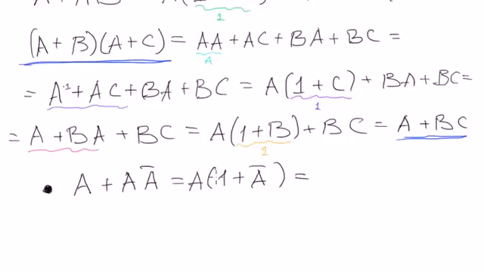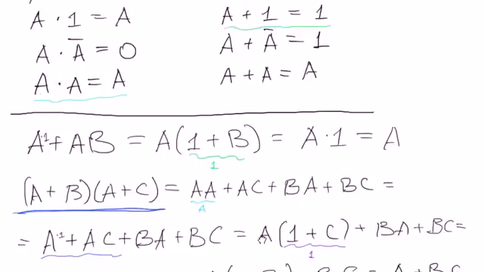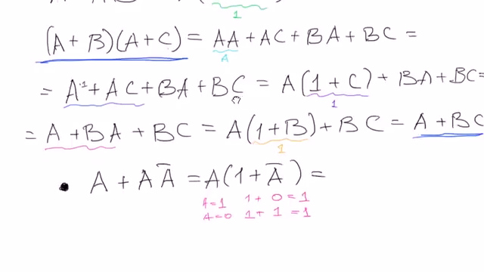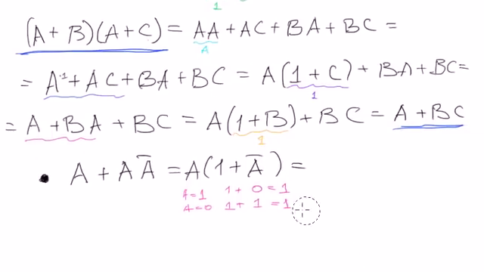We can put instead of a: if a equals 1, then a negated will equal 0, and then 1 plus 0 will equal 1, and if a equals 0, then a negated will equal 1, and 1 plus 1 equals 1. I bet it's obvious to you right now.